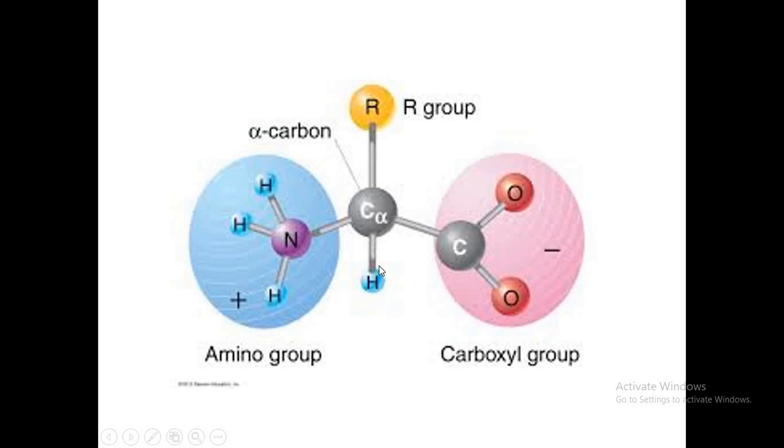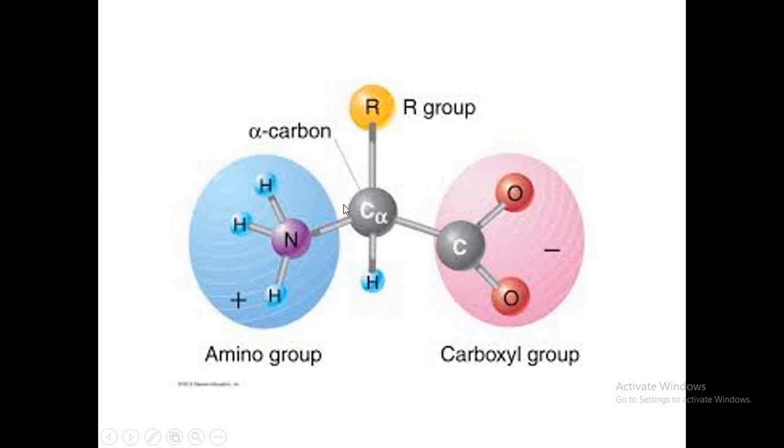There are 20 amino acids, or 21, but mostly 20 amino acids that exist in all types of protein, or that occur in nature. These are the 20 standard amino acids. All the 20 standard amino acids have one amino group, one carboxylic group, one hydrogen atom, and one side chain, the R chain or R group.